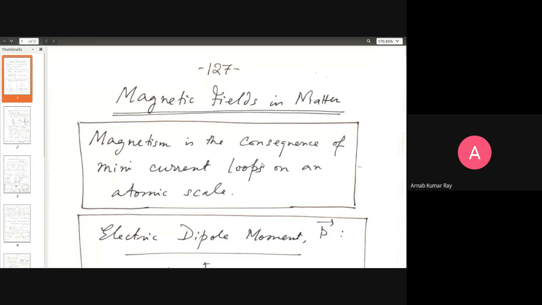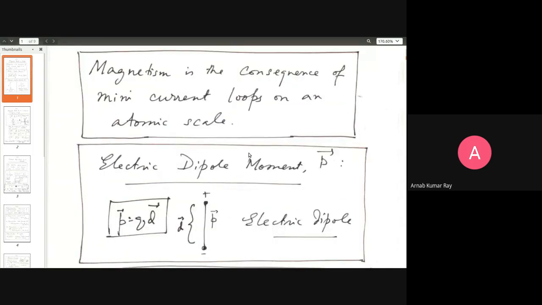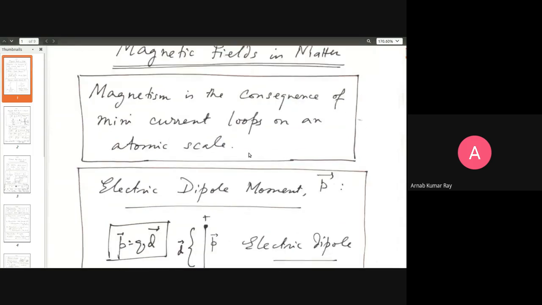Maybe I'll just touch upon a very important point. I told you a while ago that electricity and magnetism are two faces of the same coin. Suppose you've tossed a coin and it has landed and shows head.